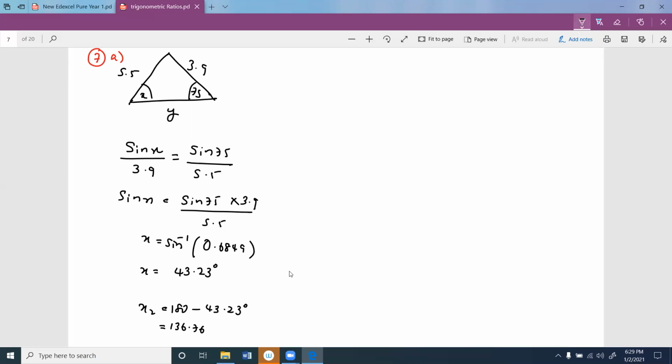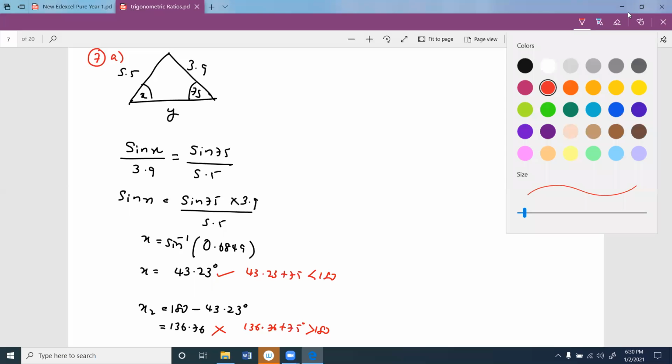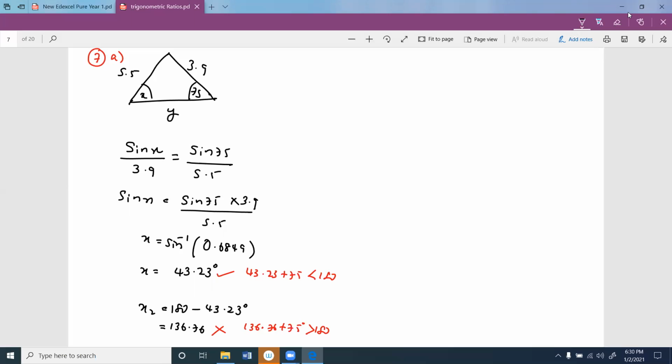We have to check whether the answers are reliable. 43.23 plus 75 is less than 180, so this is fine. 136.76 plus 75 is greater than 180, so this cannot exist. It is not a valid solution. So the final answer is x equals 43.23.